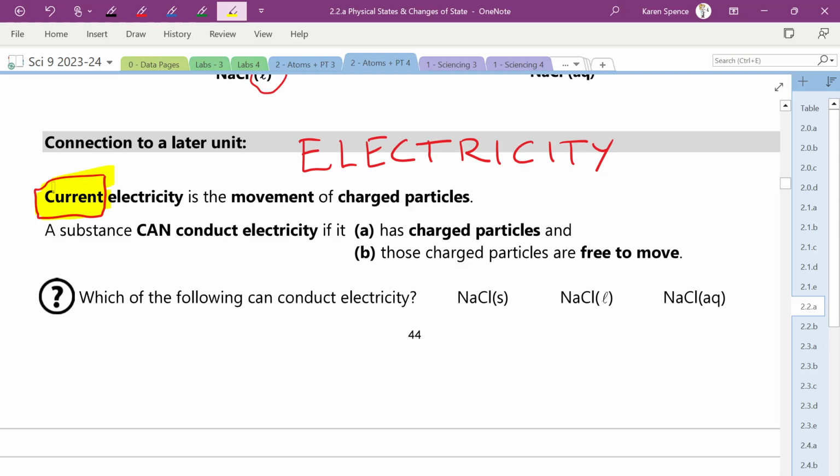Like water flowing, yes? Water flowing is current. Well, when we have electrical current, what do you think is flowing? Yeah. Electrons can be flowing. Any particles with a charge are flowing. Okay, so it's the flow of charged particles.